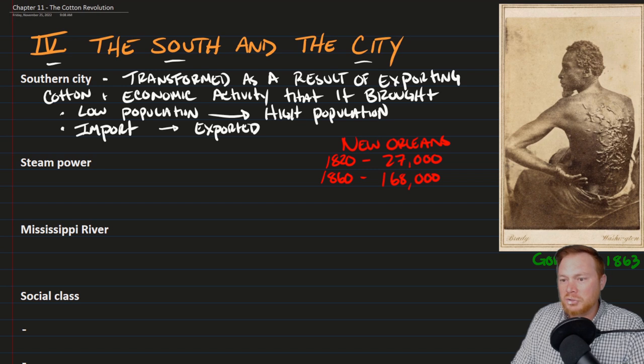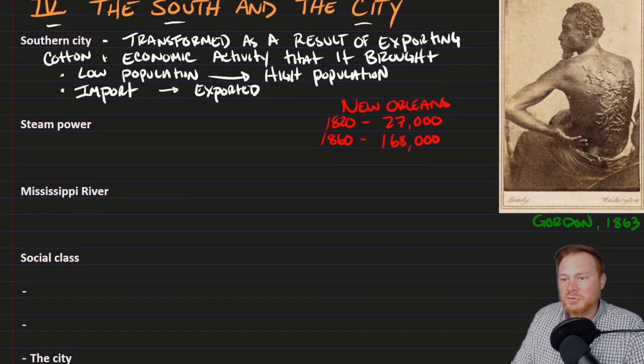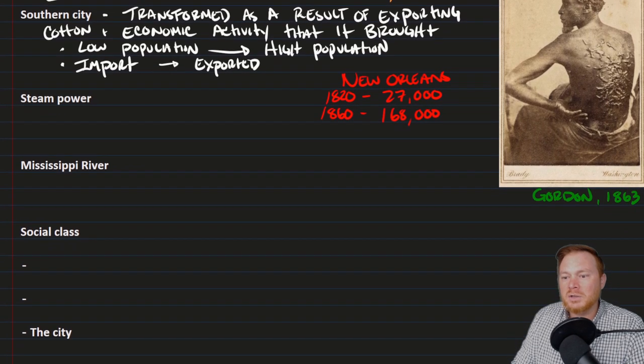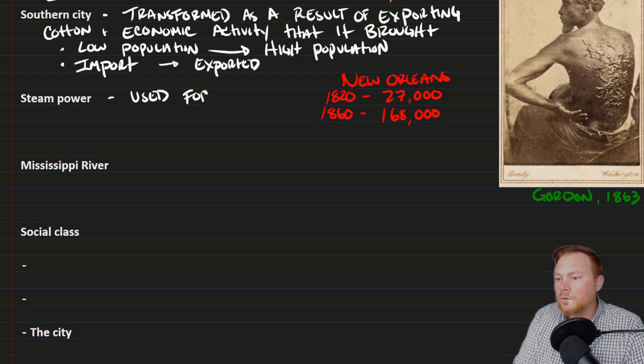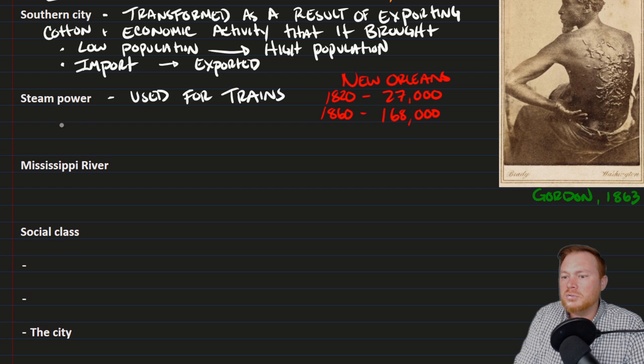Now, one thing that certainly aided the transformation of the Southern economy was the steam engine and steam power. And this is largely connected to the greater changes happening in regards to transportation. So remember, steam power was used not just for trains, which is typically what we think about it as, but used for trains and steamboats and steamships.